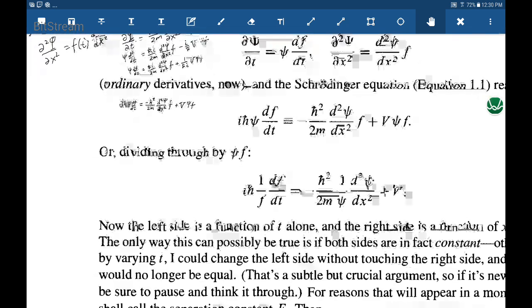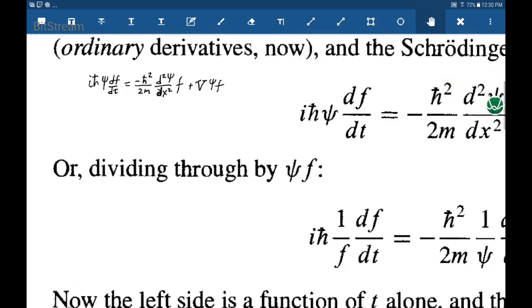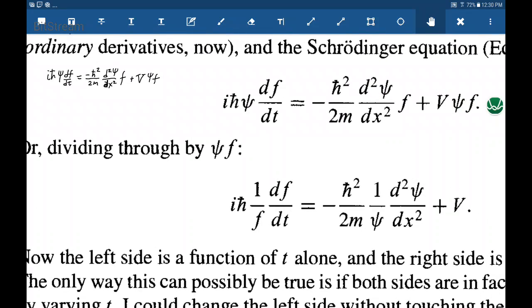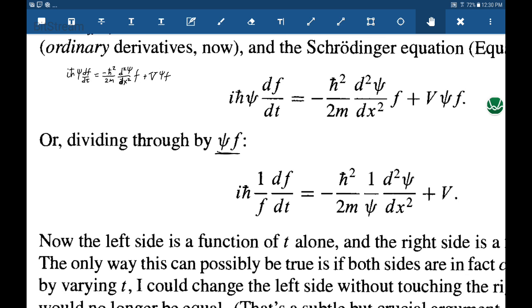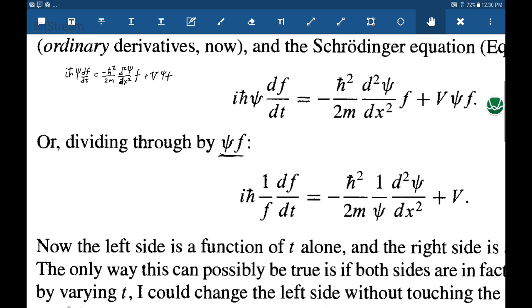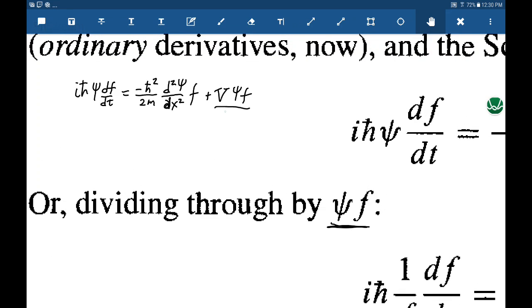Okay, here's the part where most people forget about separation of variables, and that is then you have to divide through by your function. So now you have to divide everything by psi f.